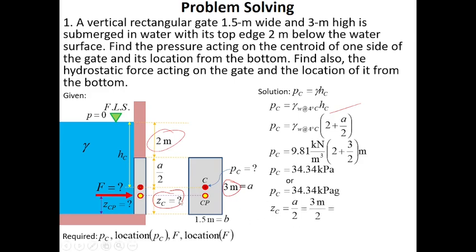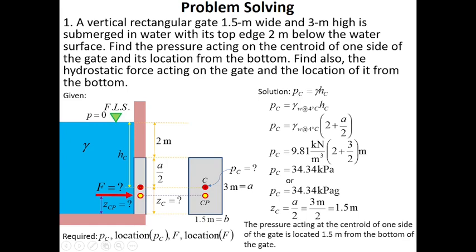Since this is a rectangle, from the bottom to the centroid is also A over 2, where A over 2 plus A over 2 becomes A. So Z sub C is 1.5 meters.